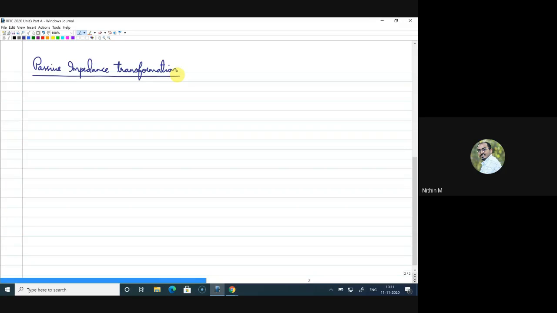So what comes to your mind when you hear about impedance transformation? You can use the chat box. If you have some ideas, you can just put it over there. When you listen to the word impedance transformation, what comes to your mind? The changing of impedance.